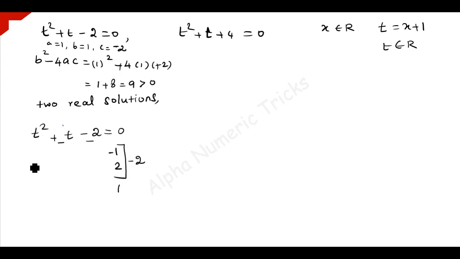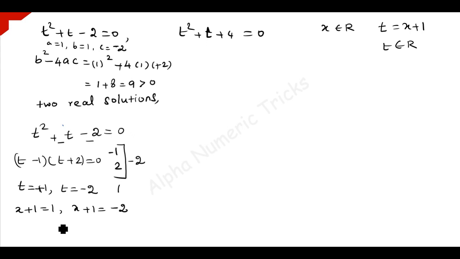So for the roots, you can directly write t minus 1 times t plus 2 is equal to 0. So from this t is equal to plus 1 and t is equal to minus 2. But what is t? t is equal to x plus 1. So x plus 1 is equal to 1 and x plus 1 is equal to minus 2.